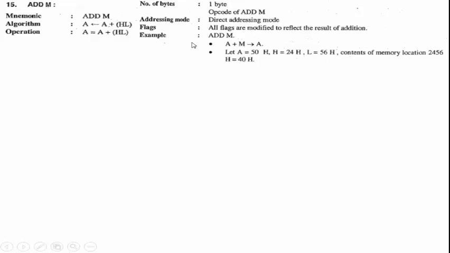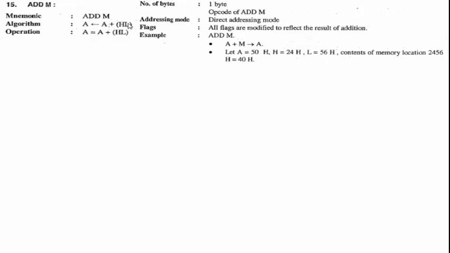Addressing mode is the register indirect addressing mode. A printing mistake is there on the slide: direct addressing mode is not correct. It is register indirect addressing mode, or simply indirect addressing mode, because the HL pointed or memory pointed content gets added with the accumulator.